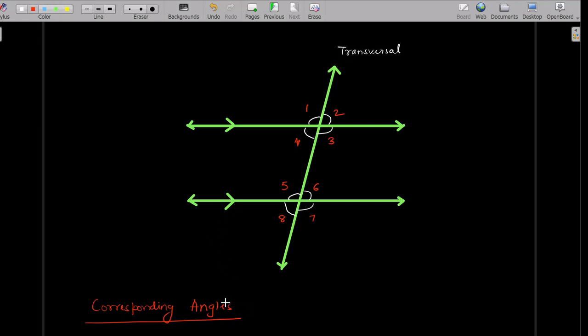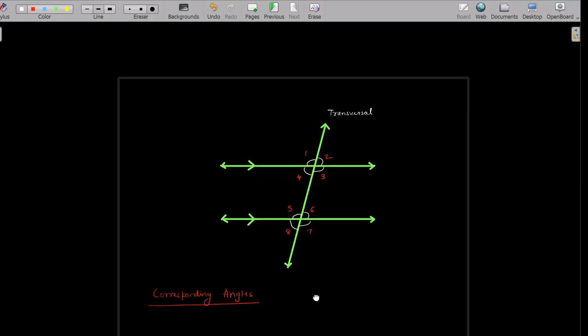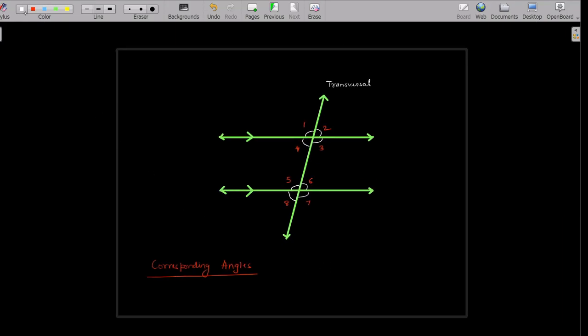Can you identify a pair or pairs of corresponding angles? 2 is corresponding with 6. 2 and 6. Okay. And 1 and 5. And then angle 4 and 8, and 3 and 7.